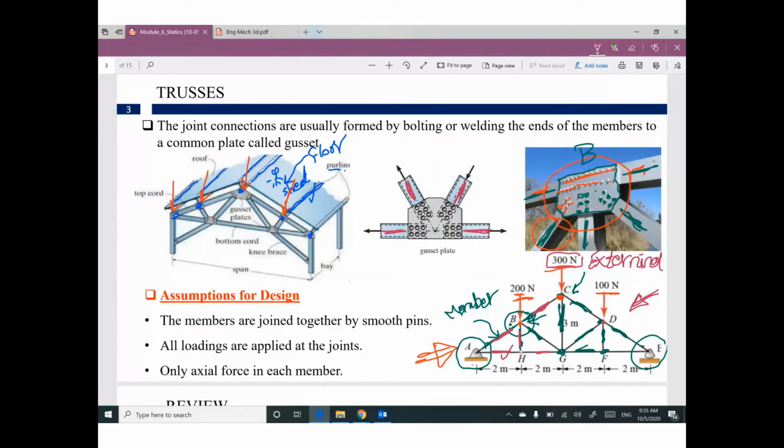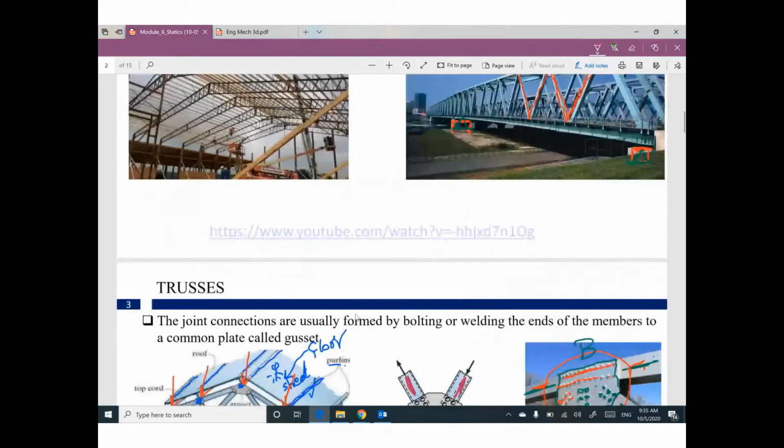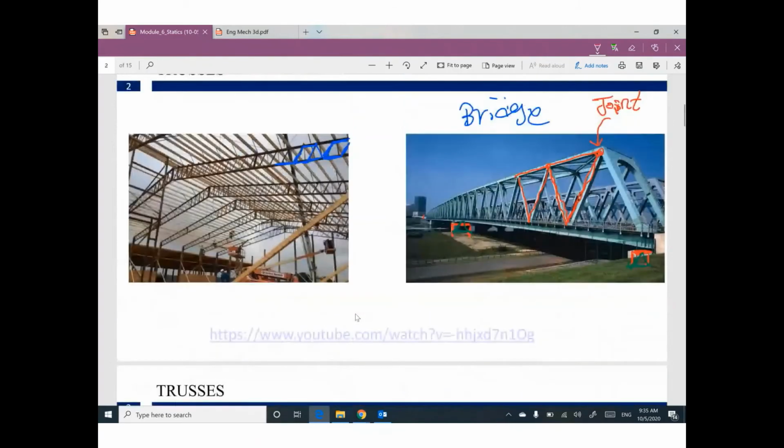Sometimes your member is under tension, sometimes it is under compression. Maybe this member is under tension, and another member, probably this one, is under compression.